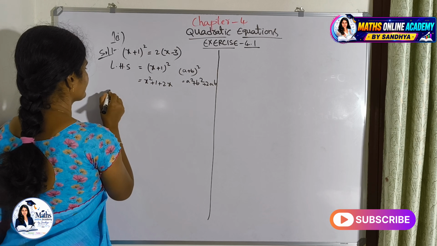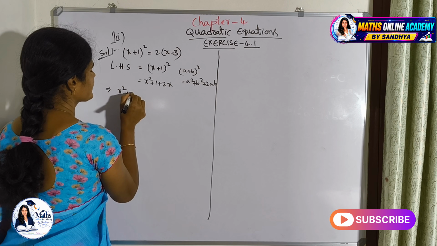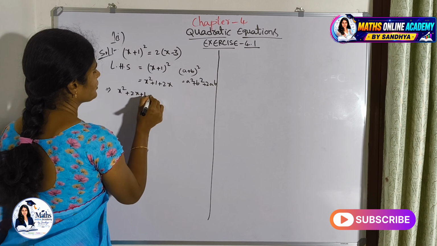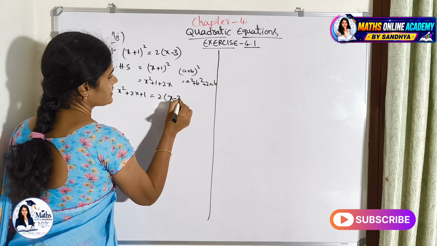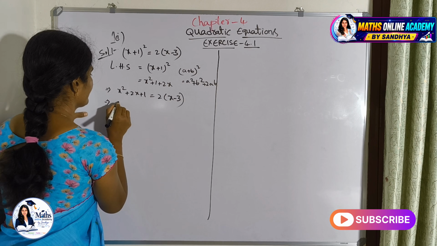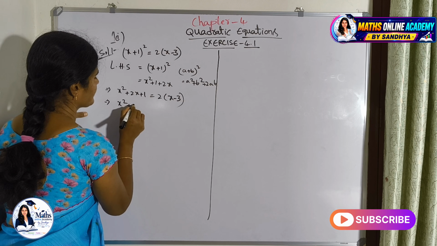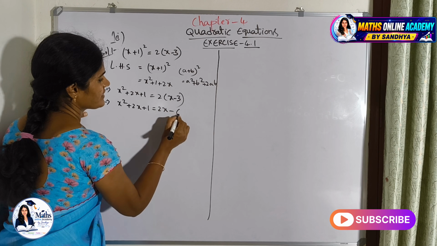From LHS equal to RHS, write down x square plus 2x plus 1 equal to what is the RHS? 2 into (x minus 3). That implies x square plus 2x plus 1 equal to 2x minus 6.